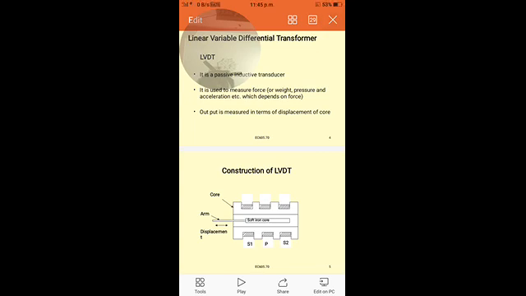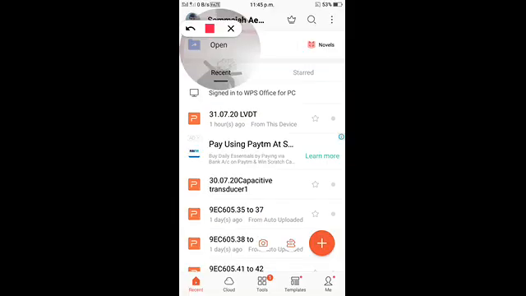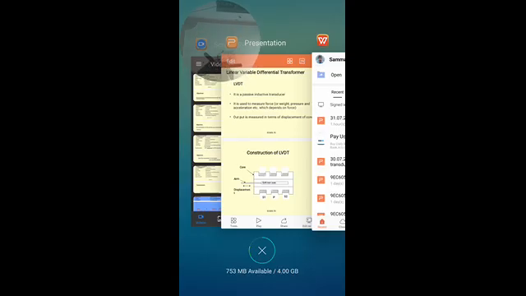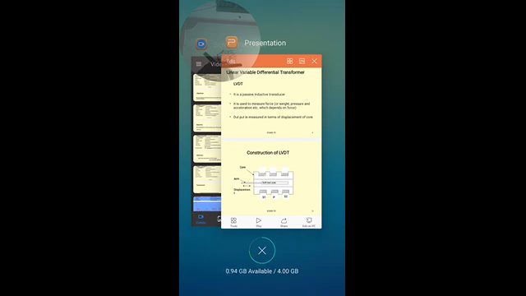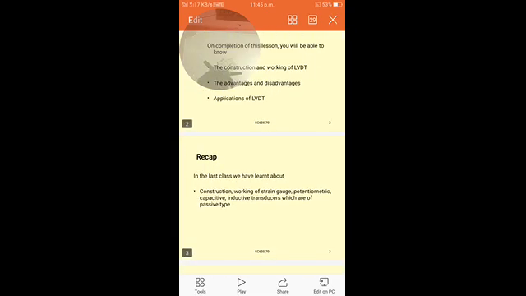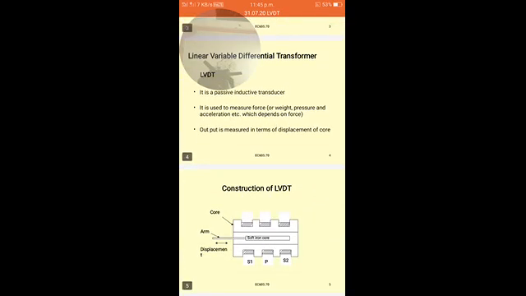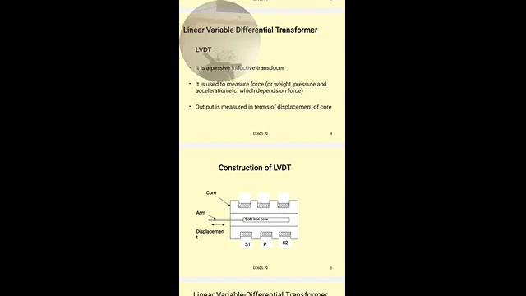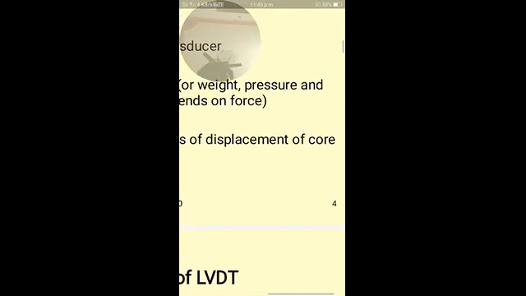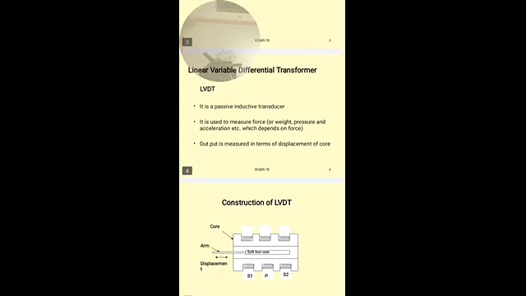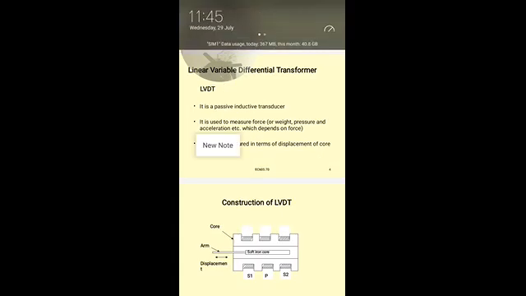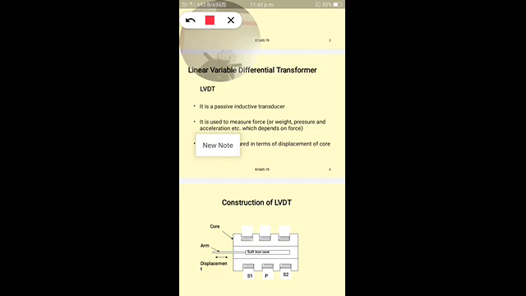It consists of a transformer with one primary winding, two secondary windings S1 and S2, and a mobile core.